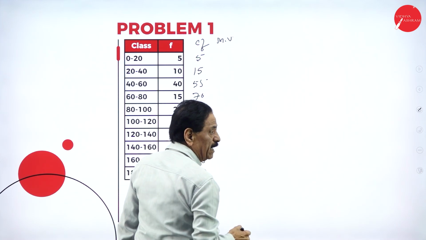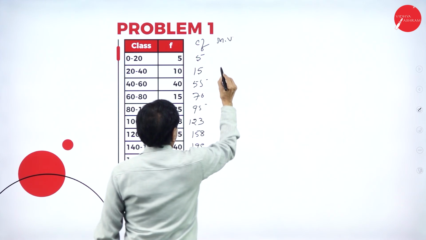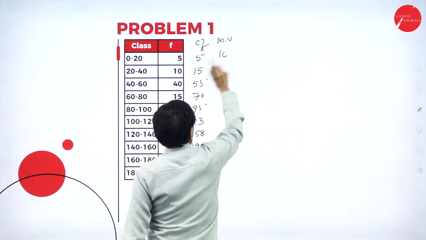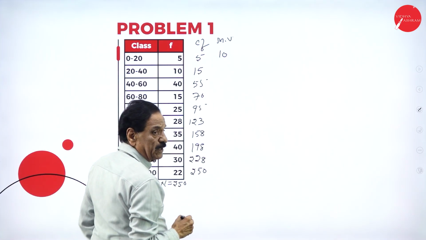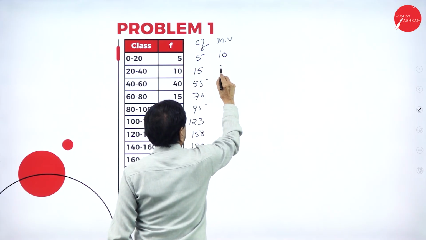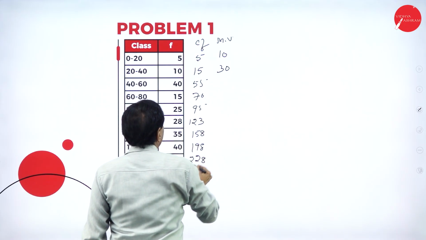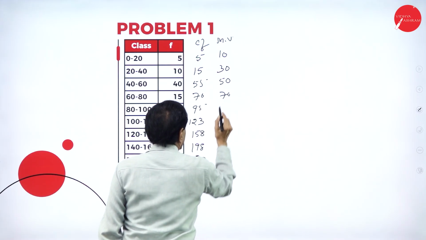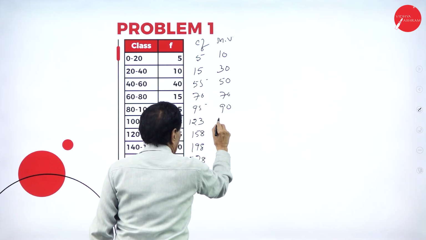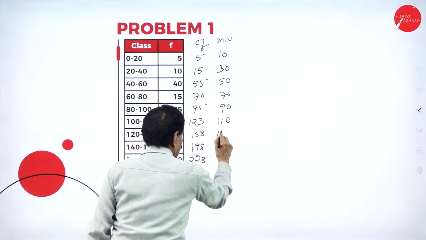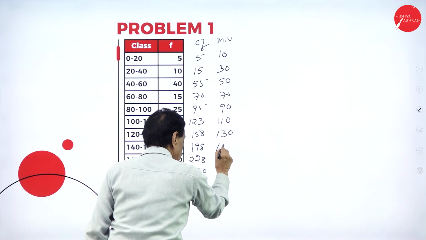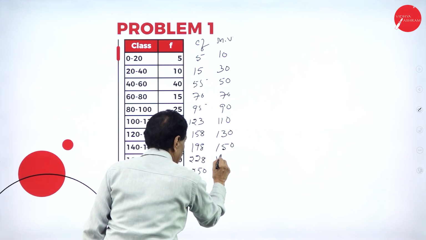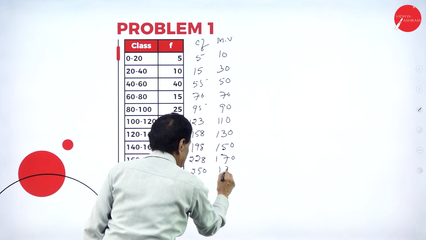0 plus 20, 20 divided by 2 is 10. 20 plus 40, 60 divided by 2 is 30. The difference is 20, then 50, 70, 90, 110, 130, 150, 170, 190.